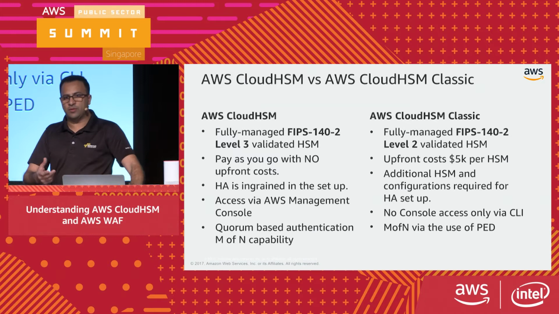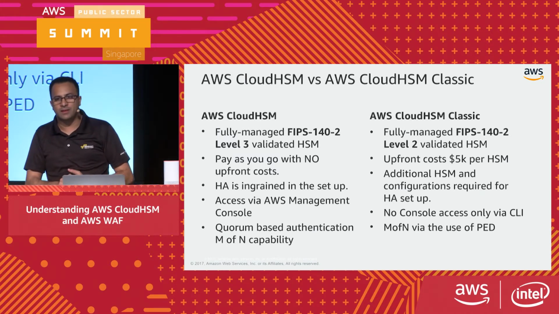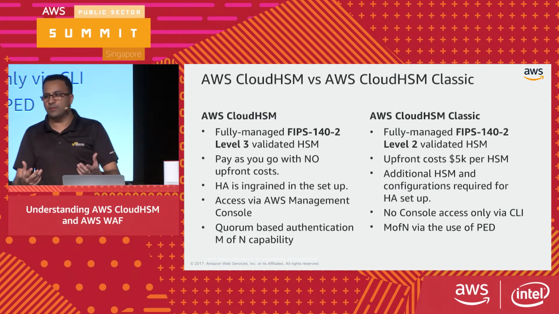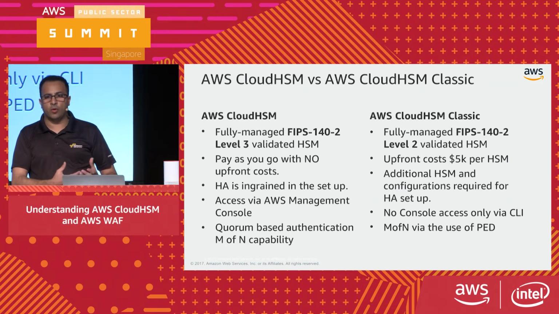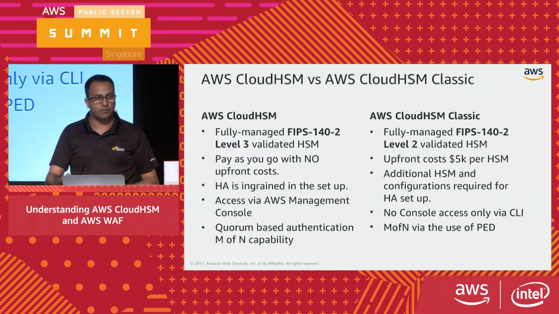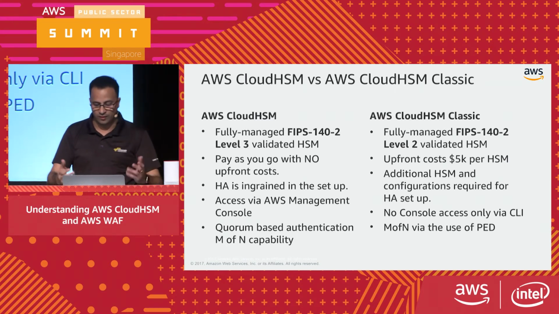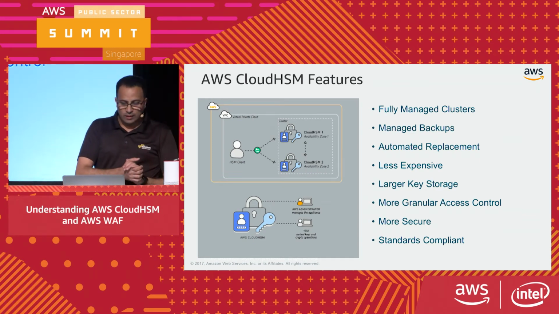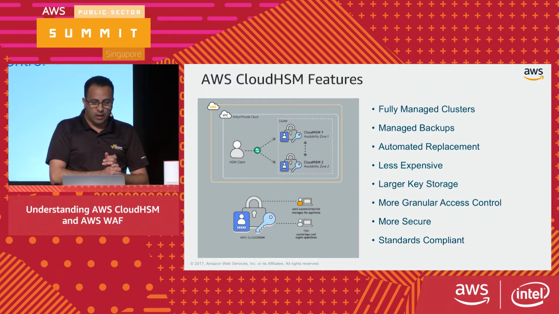You can take a piece of secret, break it into 3 or 4 pieces, depending on how many people you want to authorize, and it uses 2-factor authentication where all 4 people need to give consent before an action can be taken. Compared to that, the classic version could not achieve this in a cloud environment, because the SafeNet appliance requires a pin entry device which you physically need to plug in, which in a cloud environment is not feasible.